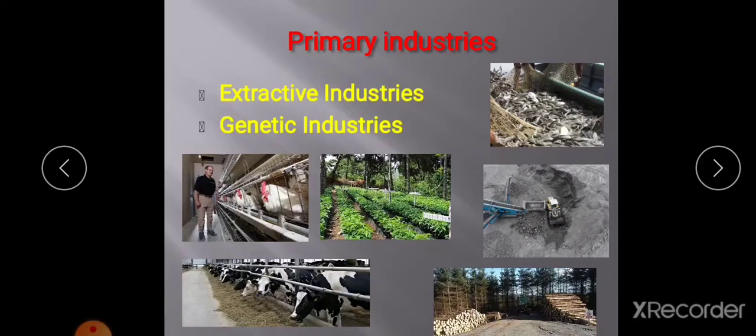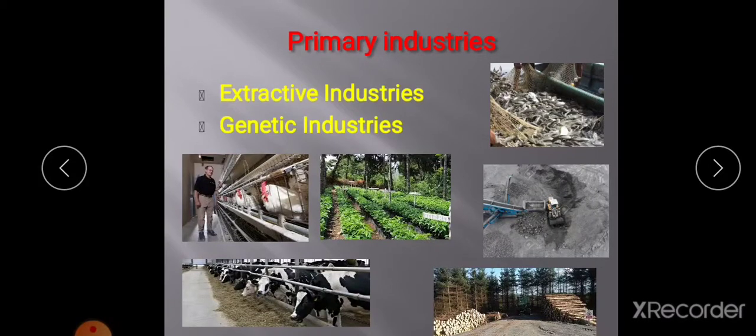Either these are used directly by human beings, or these are used as raw materials to produce some other products. For example, this iron ore, which after mining, we will get from deep under the earth crust. This iron ore is used as a raw material for the iron and steel industry. Then timber, wood is used for construction or the making of furniture. So many things we will make with wood, isn't it?